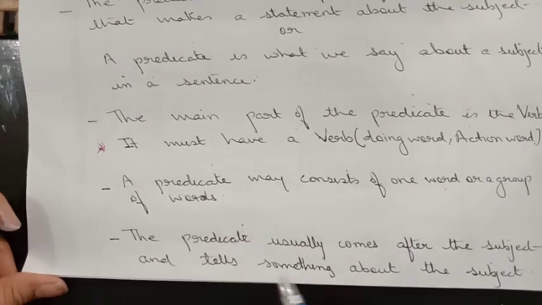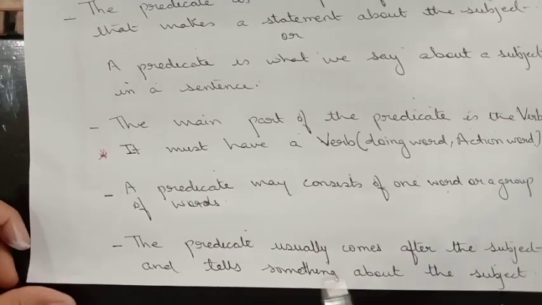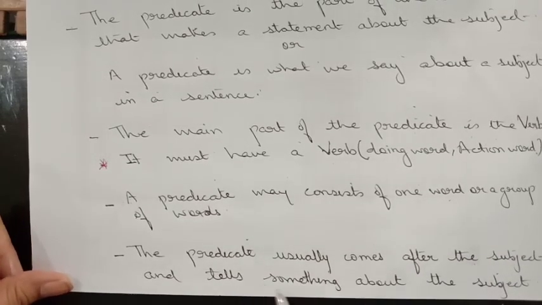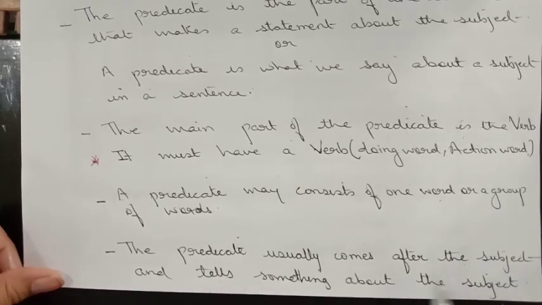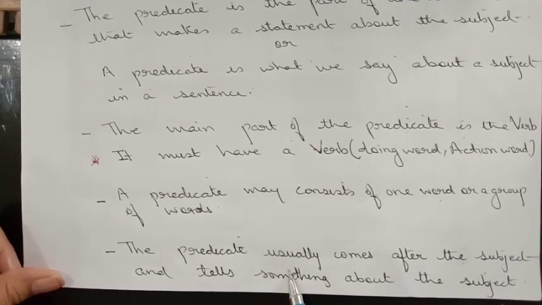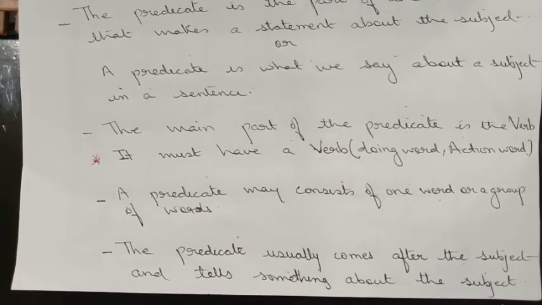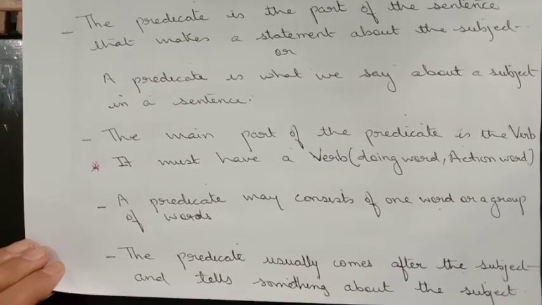The predicate usually comes after the subject and tells something about the subject. So the subject is about whom we are talking, and what we are saying about the subject becomes your predicate.